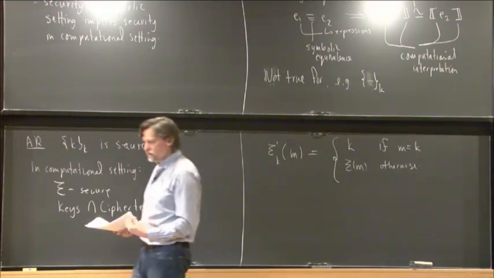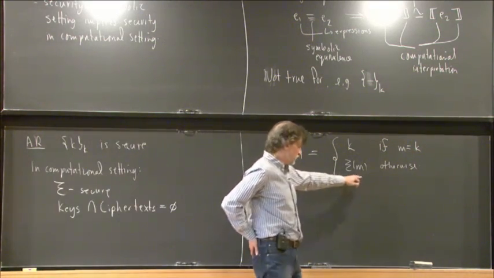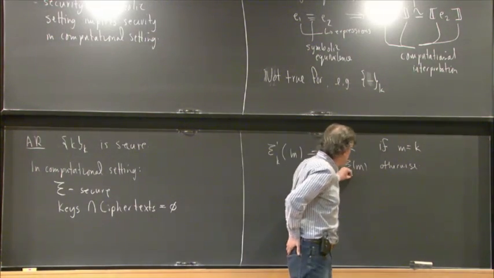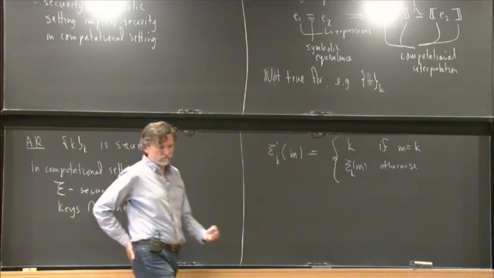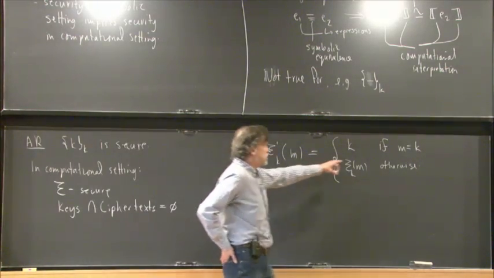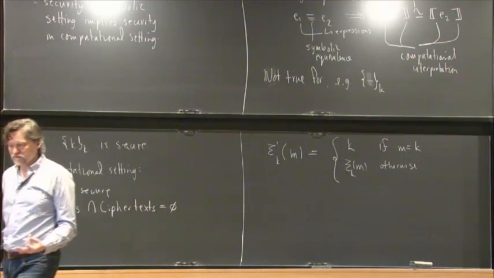So at least when it comes to encrypting a key under itself, it's easy to see that you could have an encryption function which is secure if we just use it to encrypt plain messages. But if we use it to encrypt keys, then it basically reveals all the possible information.